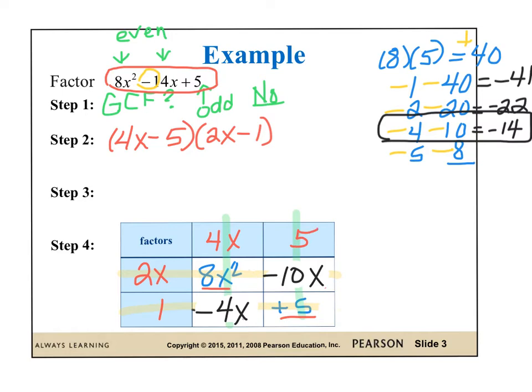And then again, we check by saying 2x times 4x is 8x squared, so our first product is correct. 2x times 5 gives negative 10x only if the 5 is negative. And then 1 times 4x in our first column gives us negative 4x only if the 1 is negative.